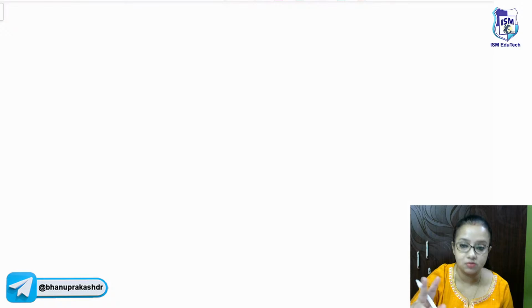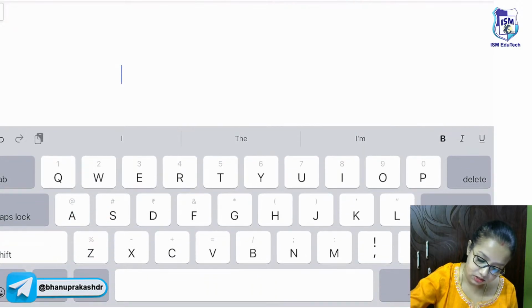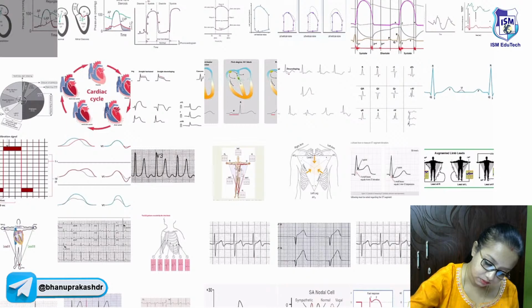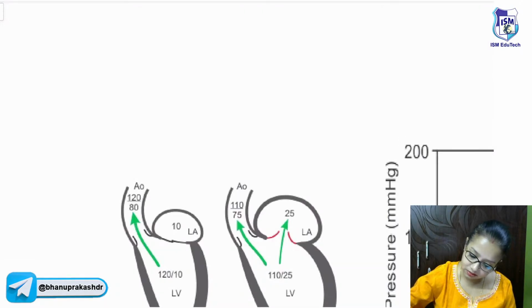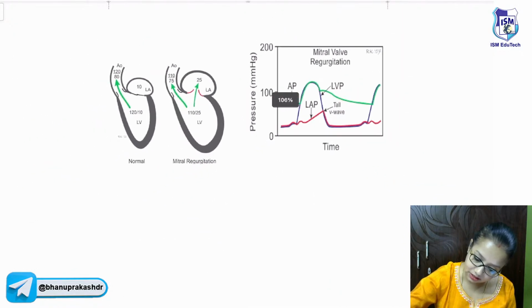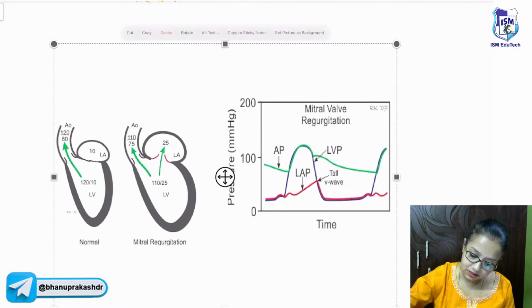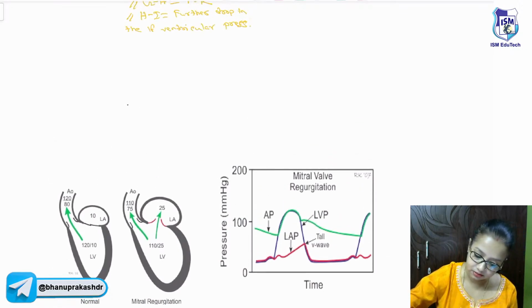So, for example, here we will study two conditions today related to the mitral valve. The first condition that we are going to study here is the mitral valve regurgitation.